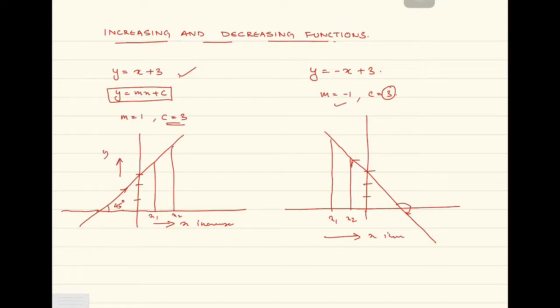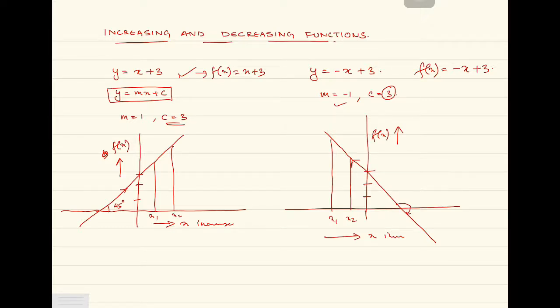Or instead of y, I could have written this function as f(x) equals x plus 3, and this one as f(x) equals minus x plus 3. So I can say this is not y, instead I can say this is f(x).